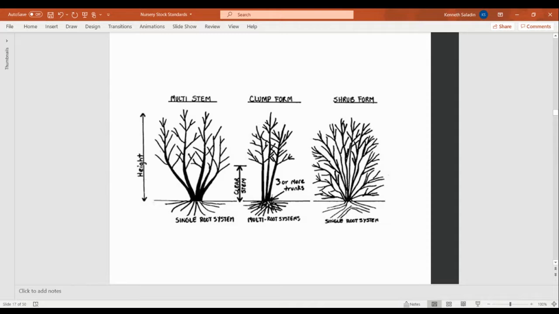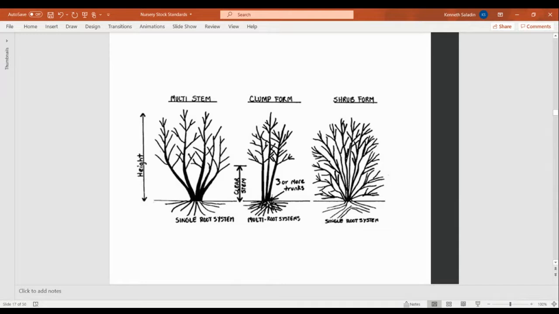And then shrub form lines up more with the example of growing a plant in the field and then cutting it back very hard in the fall and then letting it throw out multiple shoots the following spring. So that's how you could create a shrub form tree.